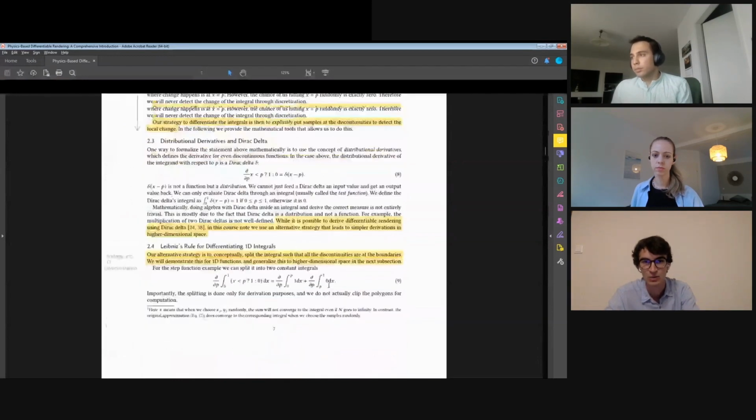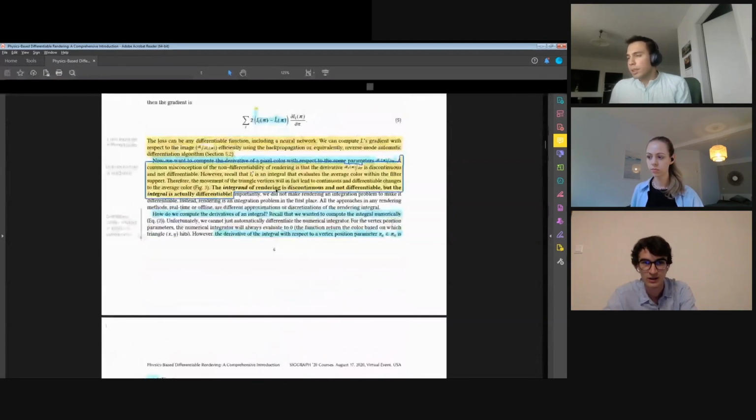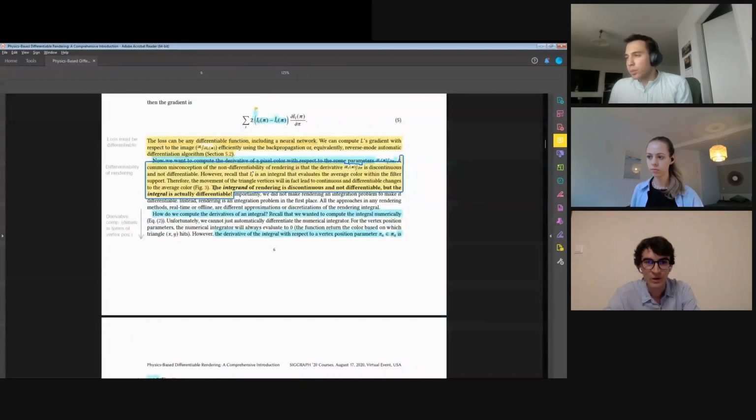I think that's one of the core points. Exactly, that's also bold here. The integrand of rendering is discontinuous and not differentiable, but the integral is actually differentiable. That's basically one of the first things you should say about physics-based differentiable rendering. This is probably one of the things that should come to your mind if you read the paper. Yeah.